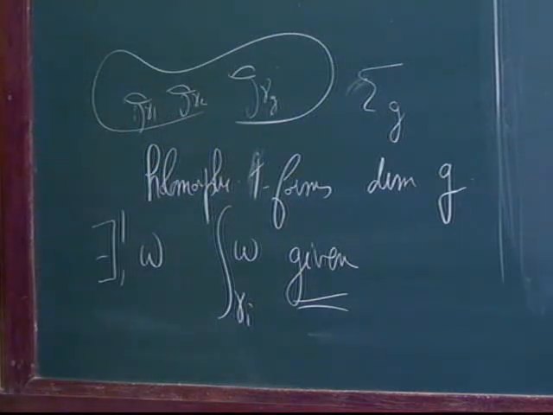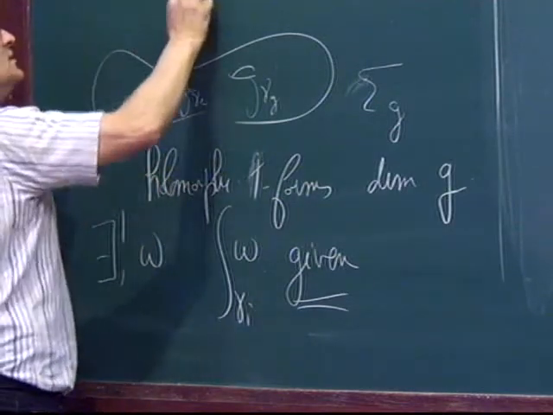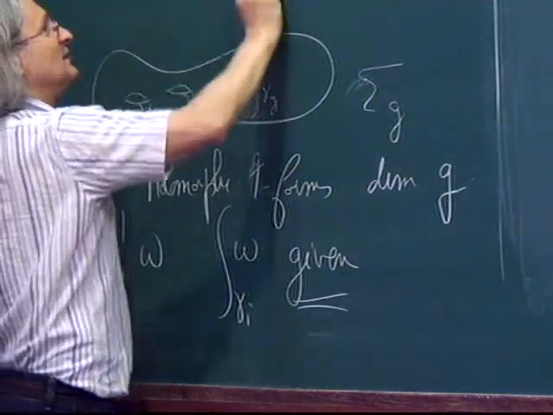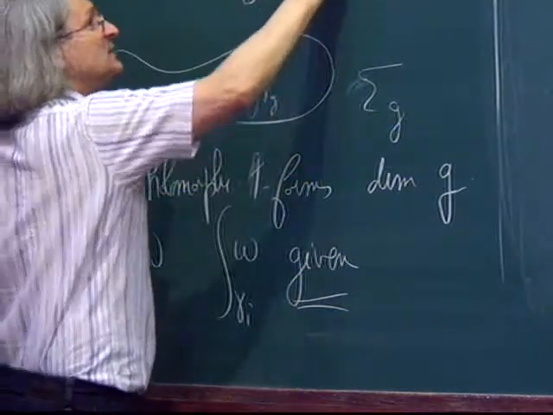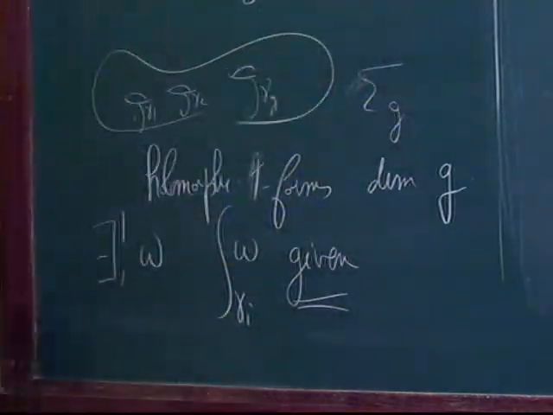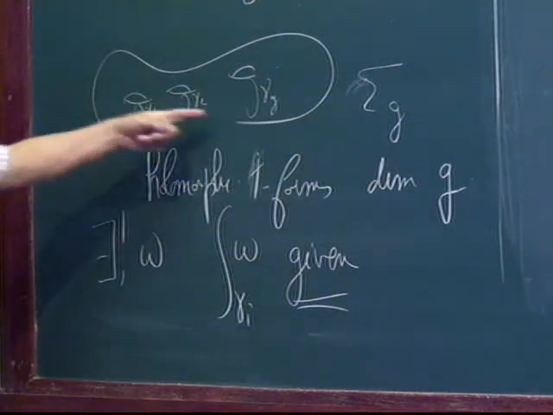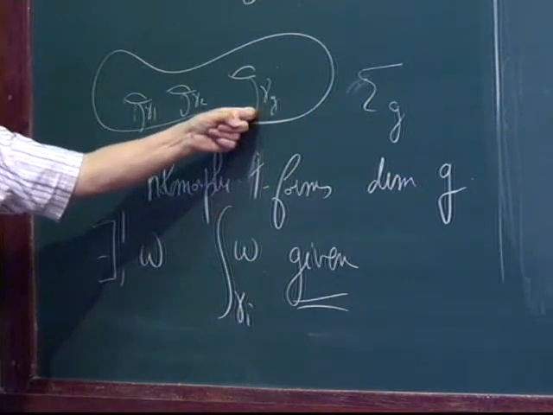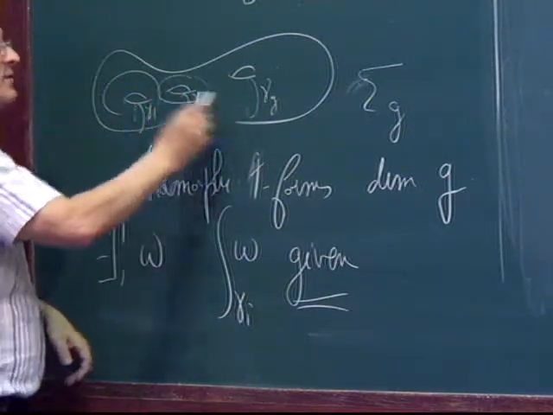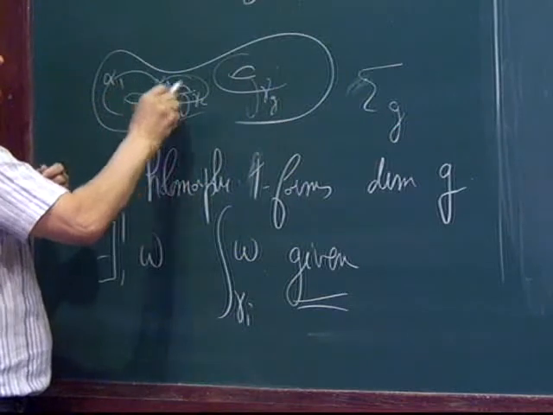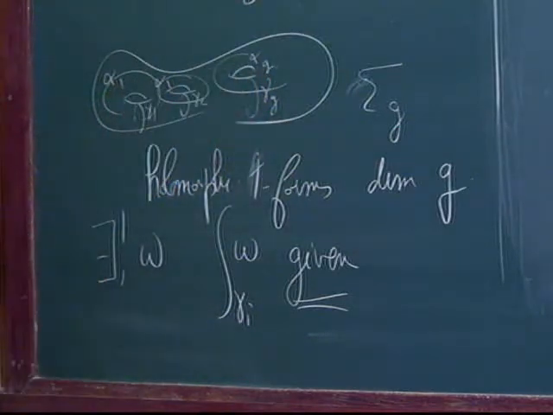Now what can you do with this unique form? Well, as you know, and as Riemann knew, of course, the H1 of the surface of genus G is 2G dimensional. So for this unique form, we know its periods over gamma 1, gamma 2, gamma G, but we don't know its periods over the alpha 1, alpha 2, alpha G. So you can integrate it over the G curves which are missing in homology.